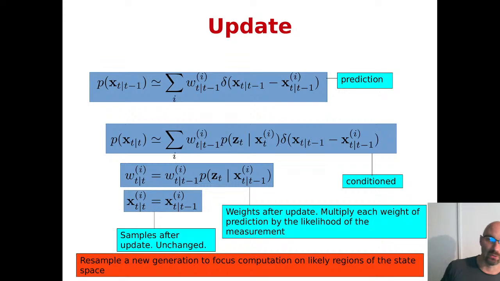And how do we do this? With the resampling mechanism that we have seen a couple of slides ago. In this way, basically, the samples having a high weight will be repeated. The samples having low weight will be suppressed.